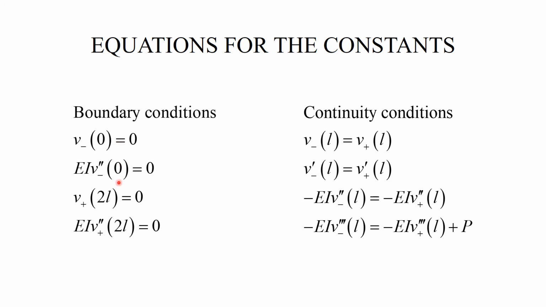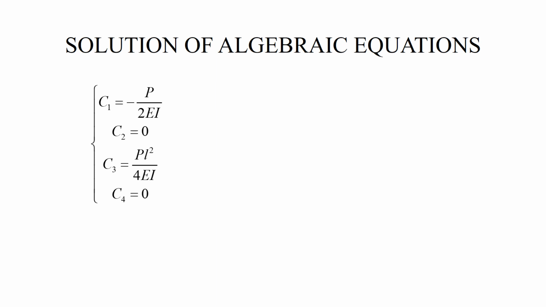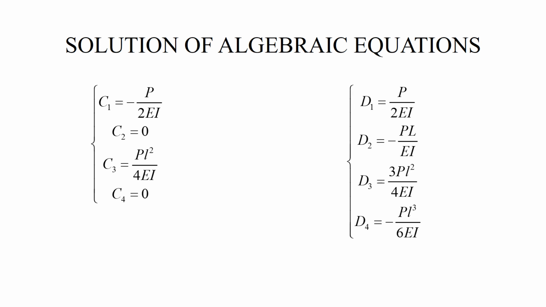These guys at 0, these at 2L, these are all evaluated at L. So I end up with 8 algebraic equations, and I can solve them. Obviously tedious. Obviously, I'm not going to go through the details of solving a system of 8 equations with 8 unknowns. The bottom line, it can be done. And here are the constants.